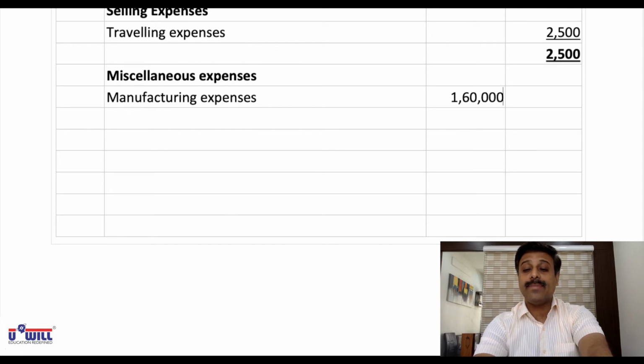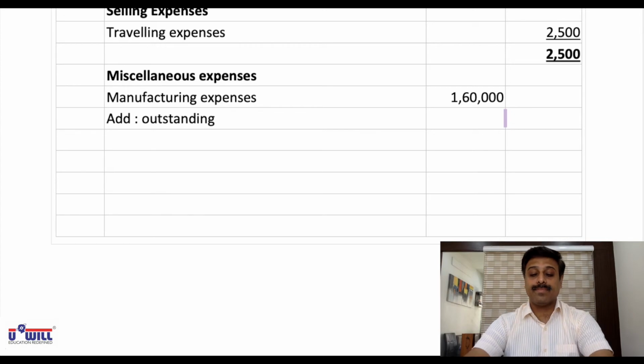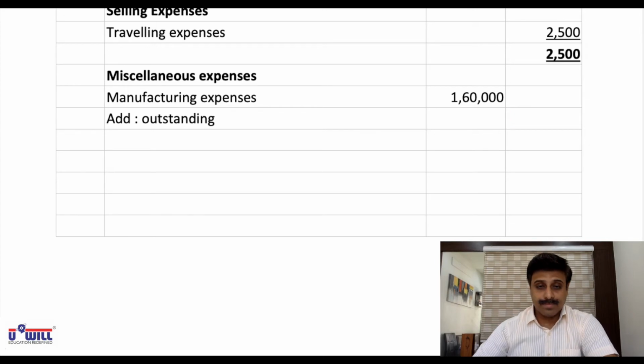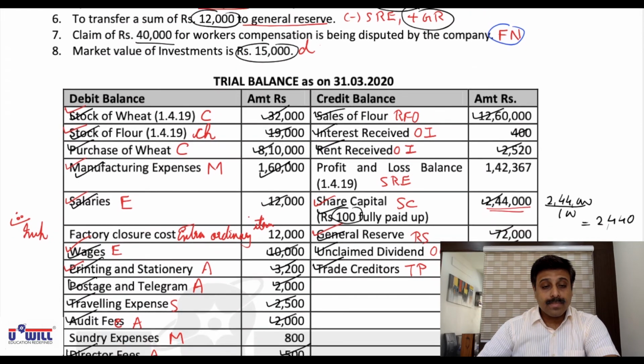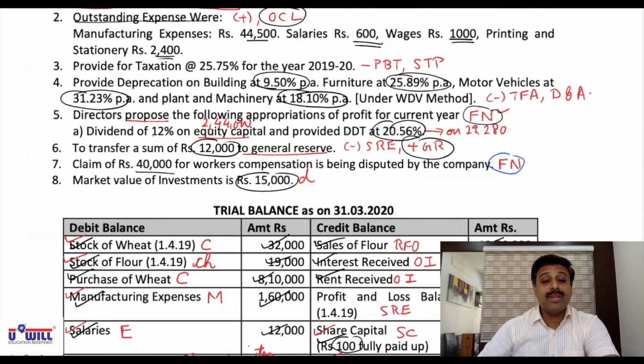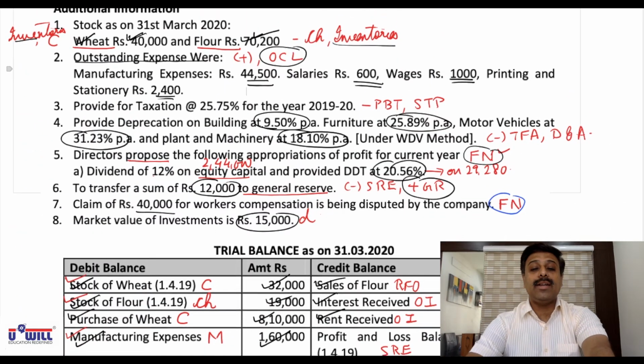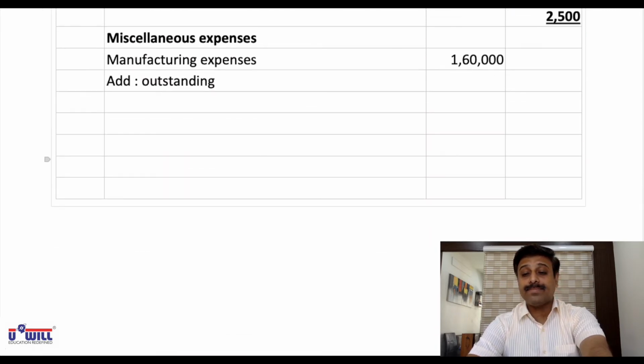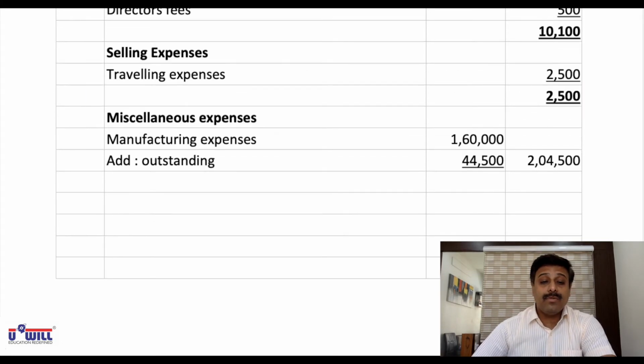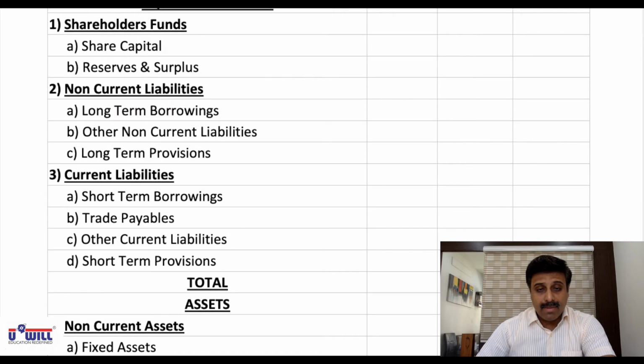Outstanding is to be added. In the adjustment, outstanding is 44,500. So 1,60,000 plus 44,500, 2,04,500. Then which other M marked item is there in the trial balance?